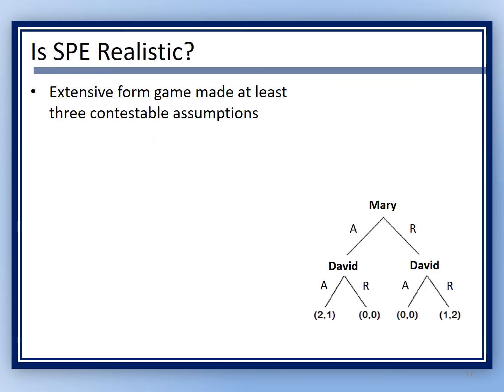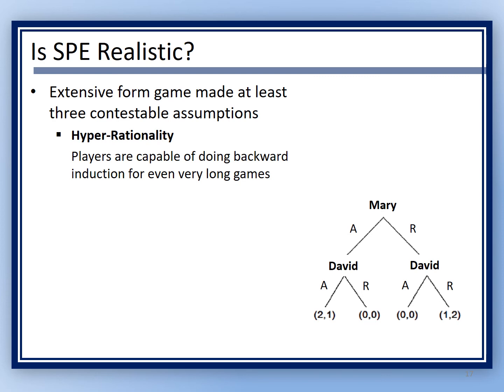So is subgame perfect equilibrium realistic? As we already mentioned, it makes some assumptions that are contestable, at least. First, this idea that the players are smart. In subgame perfect equilibrium in game theory, the assumption is people are hyper smart.